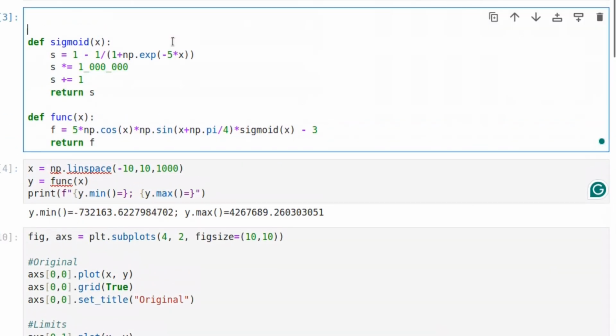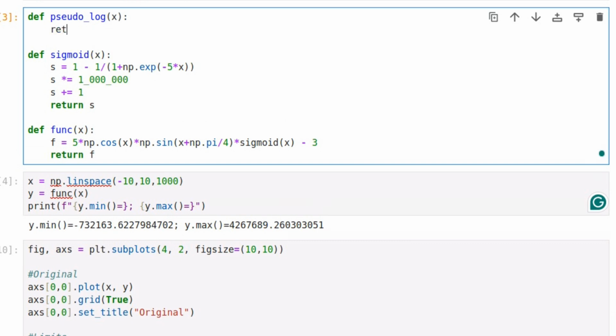And now let's introduce the pseudo-logarithm. Pseudo-logarithm is some kind of logarithm which is a logarithm at big values of x, and at small values it's kind of linear. The hyperbolic arc sine divided by the logarithm of 10 will give this function.